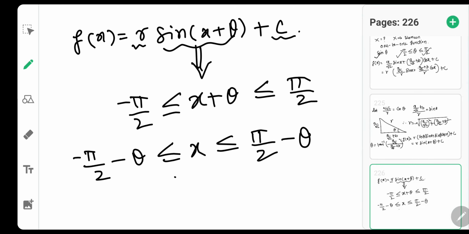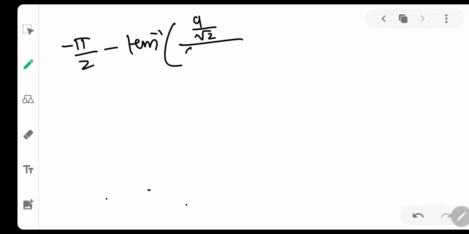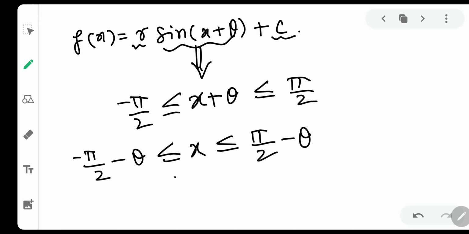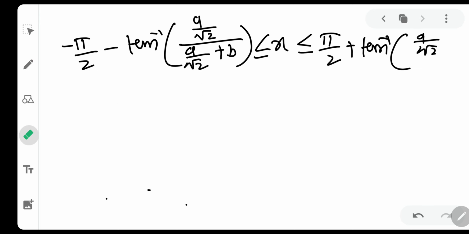And now finally we will put down the value of theta, which was tan inverse of a by root 2 inside the bracket a by root 2 plus b x, and then it will be pi by 2 plus tan inverse of a by root 2. Let us check it was plus or minus. It is minus, so let us write down minus a by root 2 plus b.